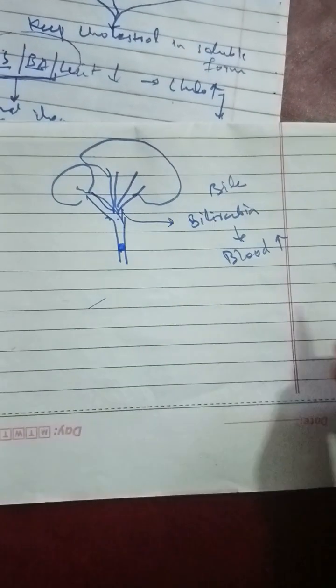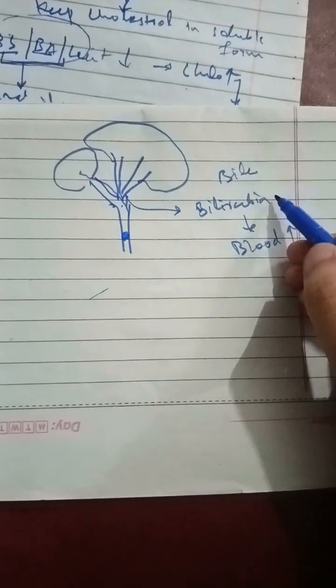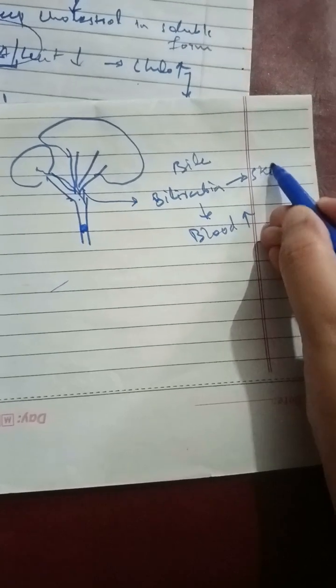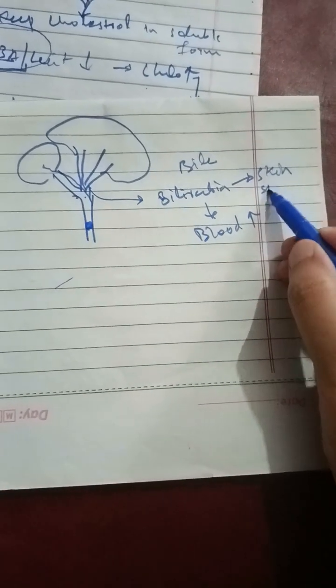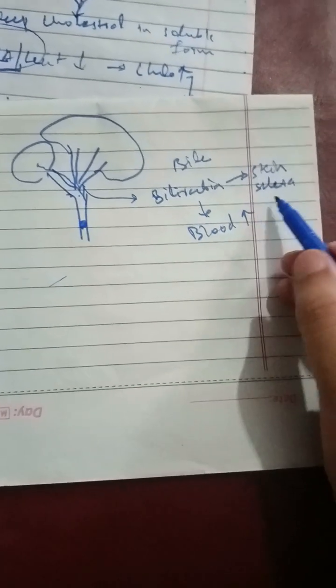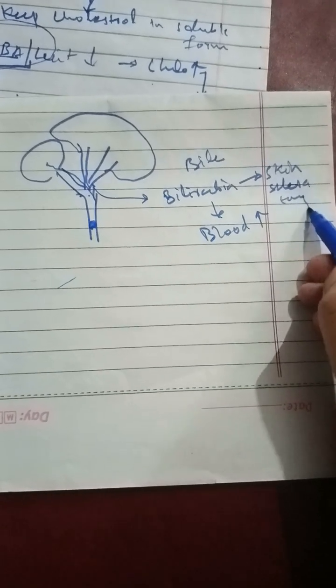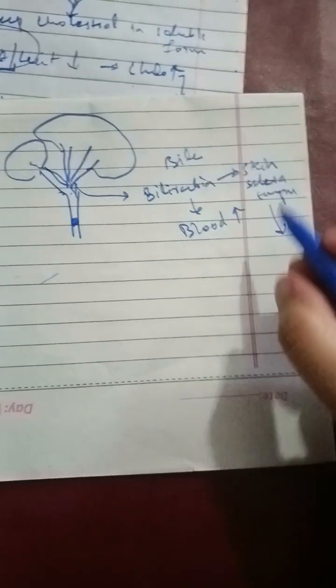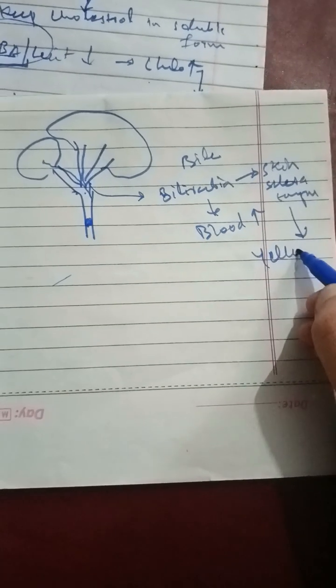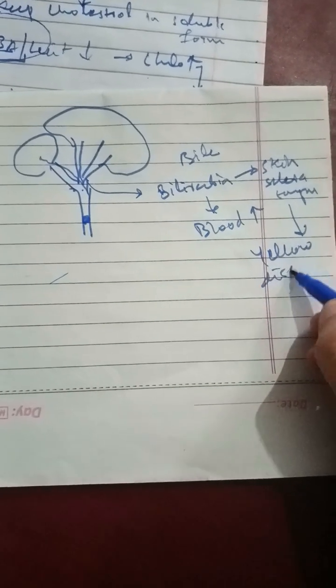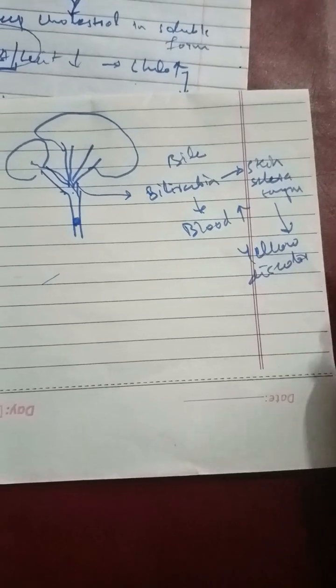Its level increases in the blood, due to which the bilirubin will deposit in the skin, sclera, and the dorsal and ventral surface of the tongue, and this will lead to yellow discoloration of the skin and the sclera.